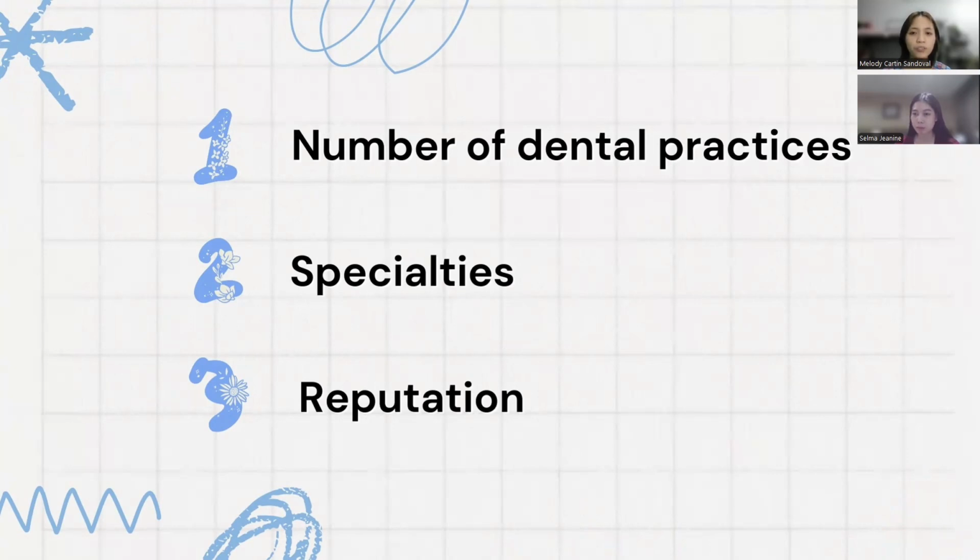For the number of dental practices, it is important to take into account the number of existing dental clinics in the area because if there are too many, you may have difficulty attracting patients. For the specialties, the competitors you choose should have similar service offerings and a similar business model to you. Knowing what they offer can help you to make your products, services, and marketing stand out.